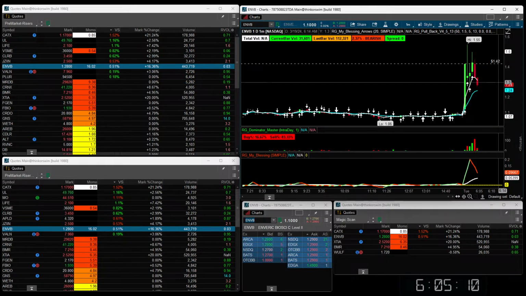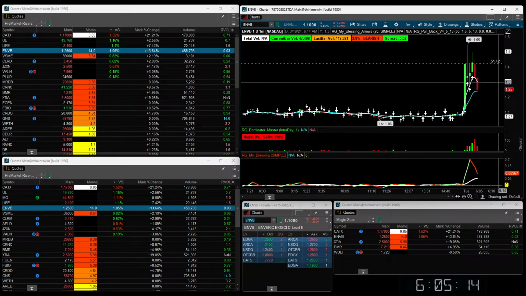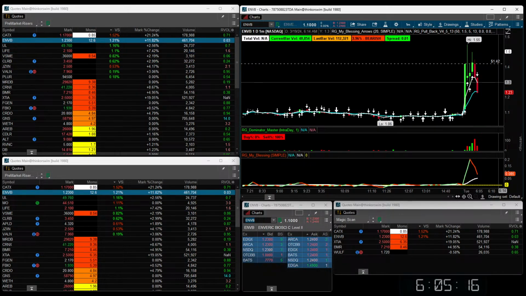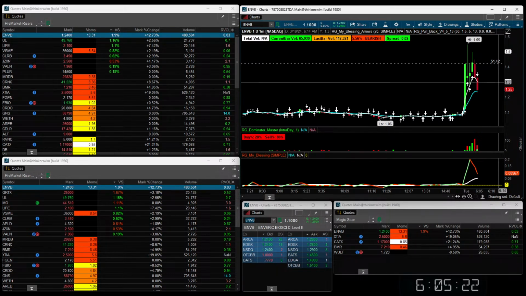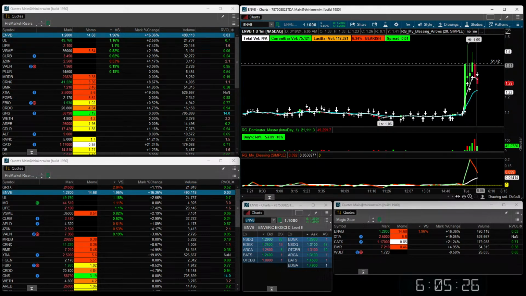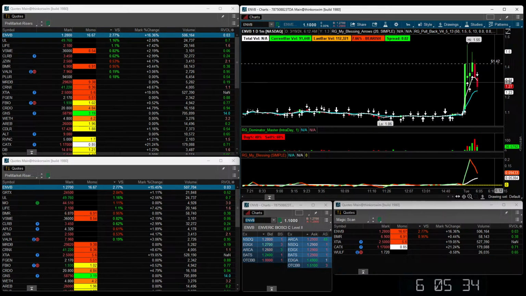We'll continue to watch it here for a few minutes, see which direction it goes. Long tail on the bottom of this red candle. Maybe they'll end up buying it up and driving it back up.